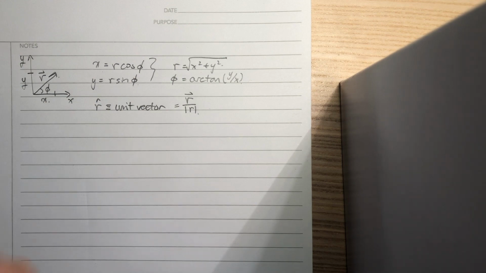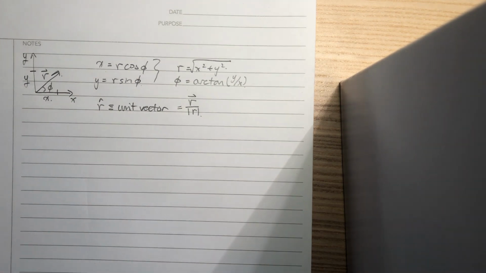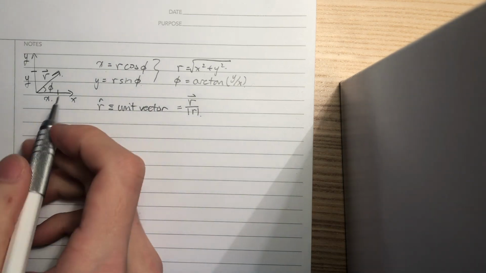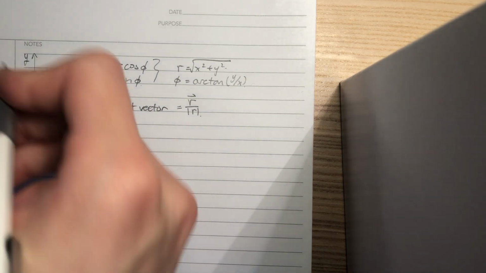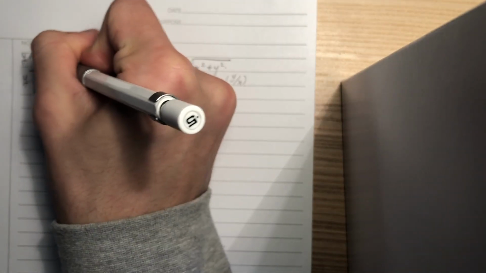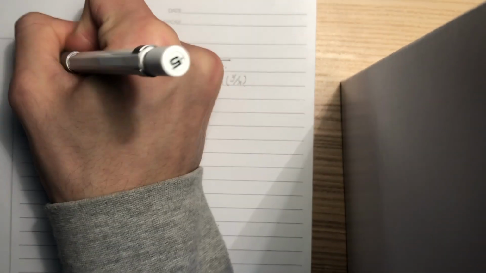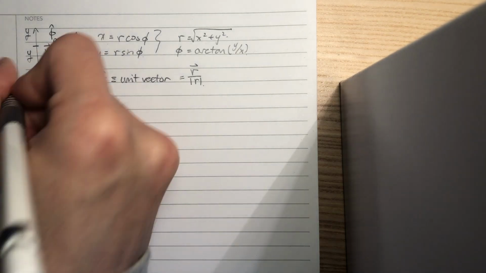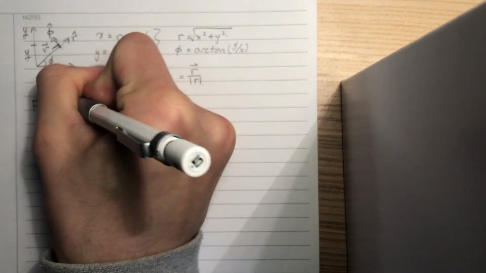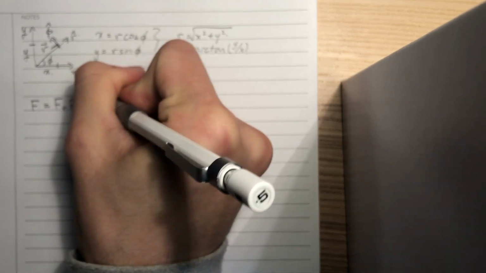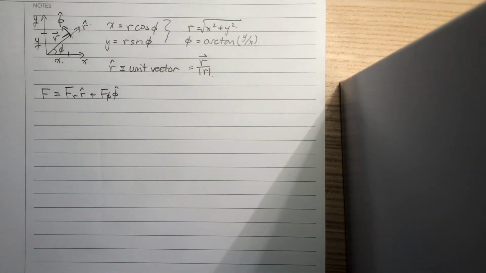Okay, so as we can see here, we can describe this system using x and y coordinates, but we could also describe this system using r and phi. So we would have my r hat and my phi hat here. So we can describe our force in terms of F_r r hat and F_phi phi hat.